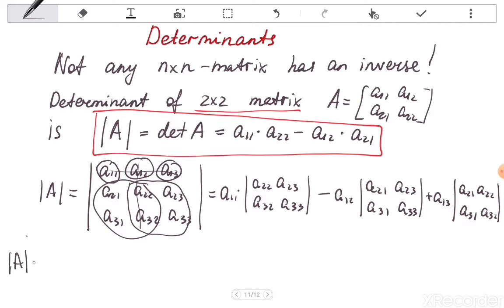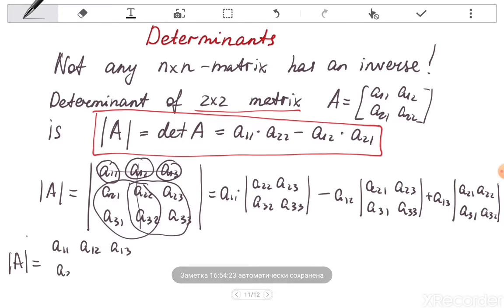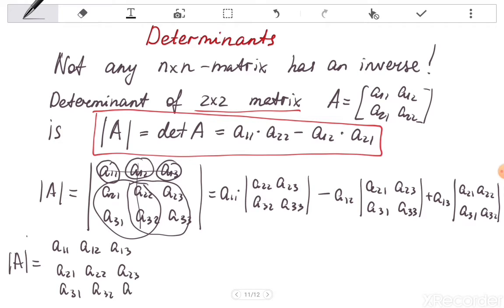So what you do, you write the matrix once, and the same matrix, we just repeat the same matrix near this matrix.